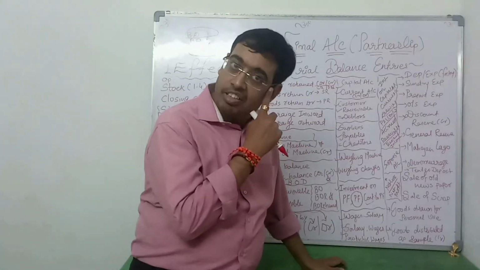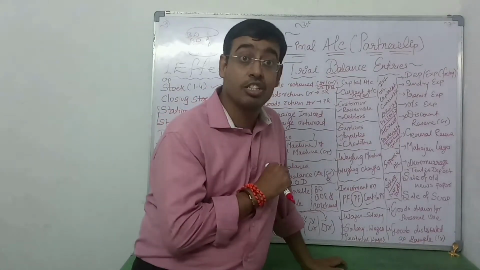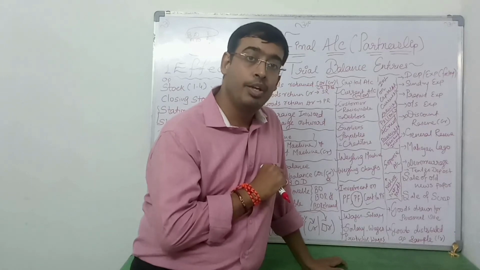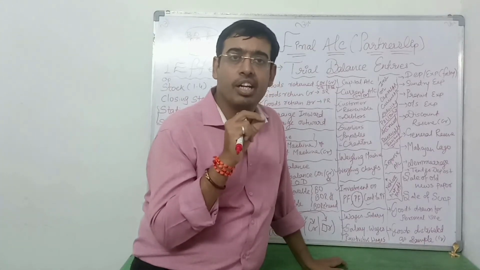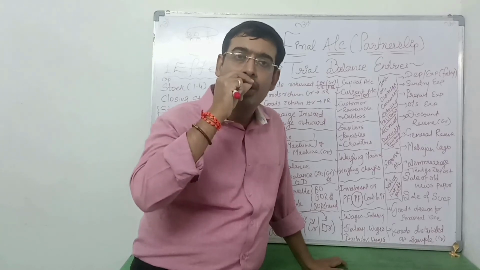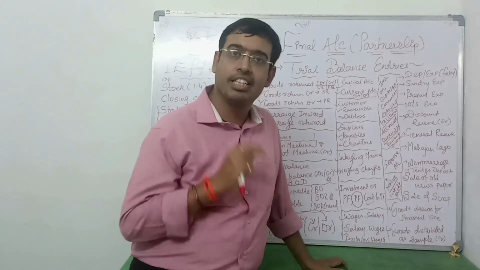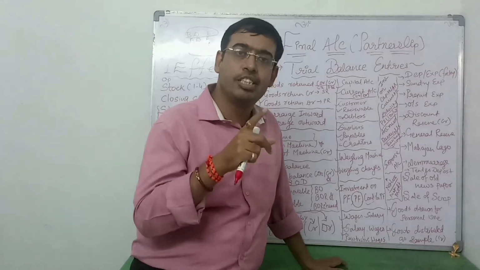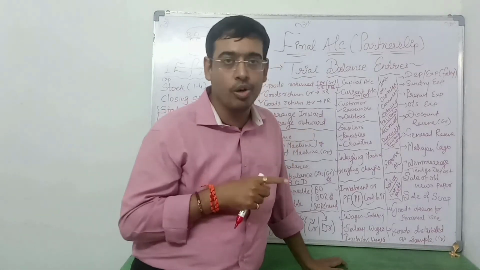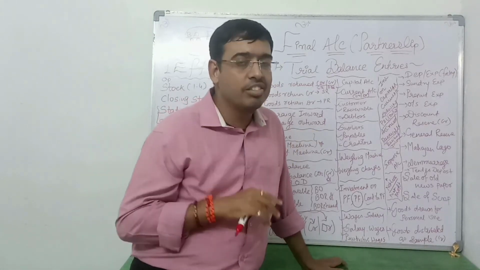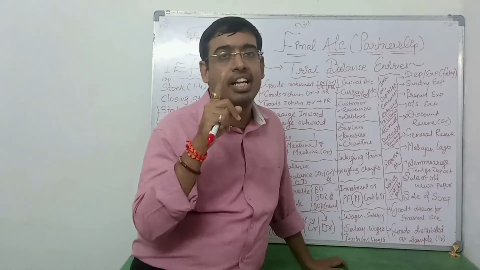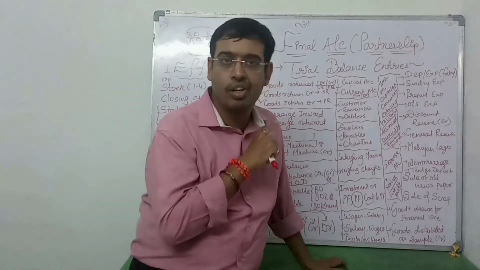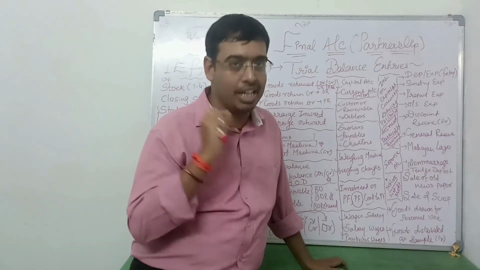Again, an important concept: suspense account. Whenever any suspense account is given in your trial balance, you have to understand blindfolded that it will have an adjustment related to that account, because suspense account is created on a temporary basis to close that particular account while matching the trial balance.